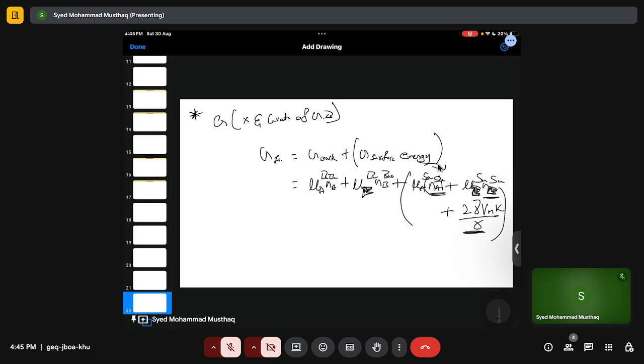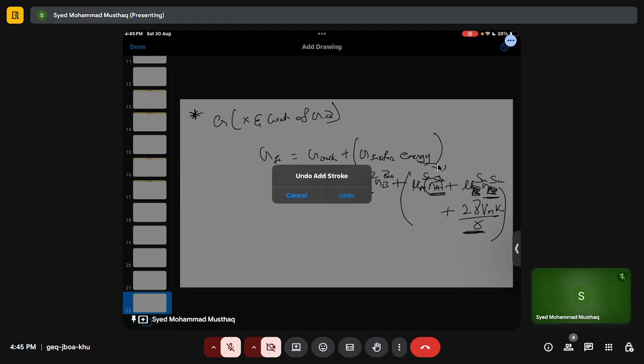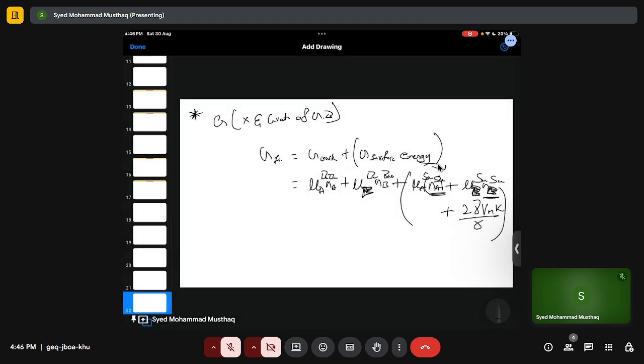So it depends upon the composition and the curvature, and your curvature defines my shape. So the grain boundary energy will depend upon the composition of atoms there and also the curvature. So that's your option.